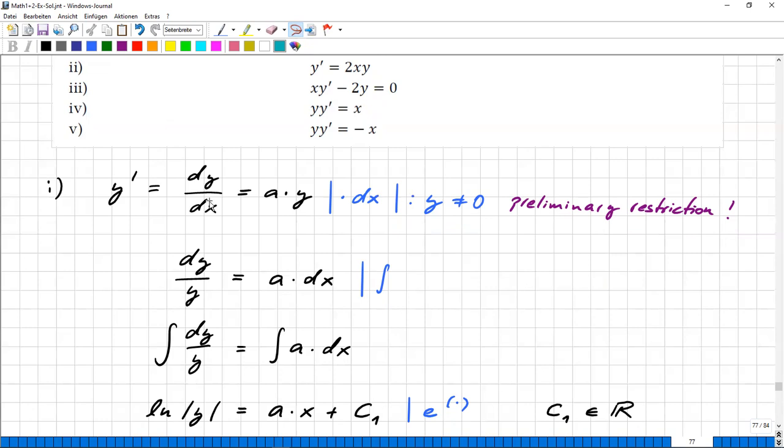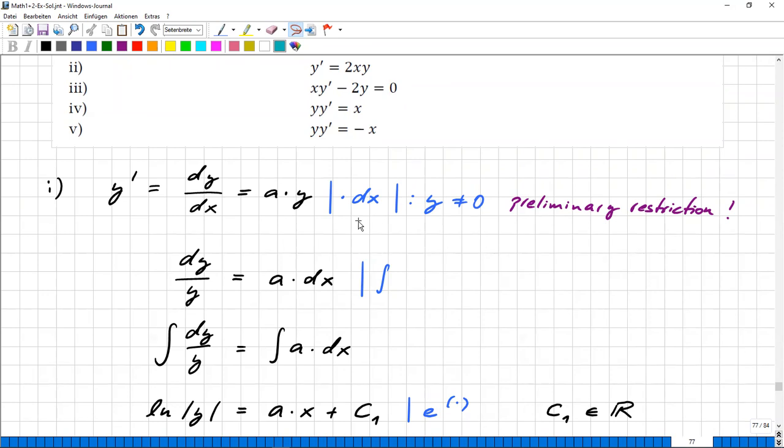Now, look, here I have my dy over dx, and it equals a times y. So in this special case, there's no x at all, aside from the differential. So what we do is we take the differential x to the right-hand side, and then we divide by y, which is a little bit dangerous because we must demand that y is not equal to 0 in order to be allowed, because we can't perform a division by 0.